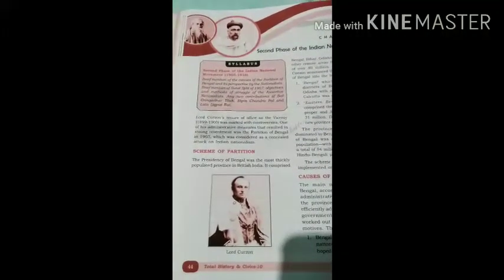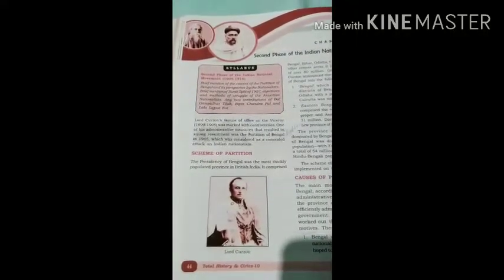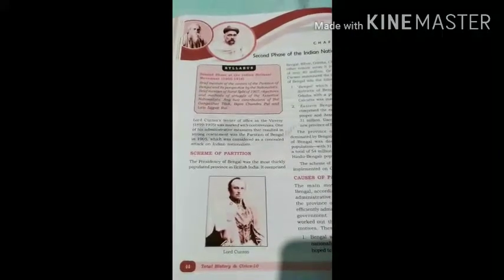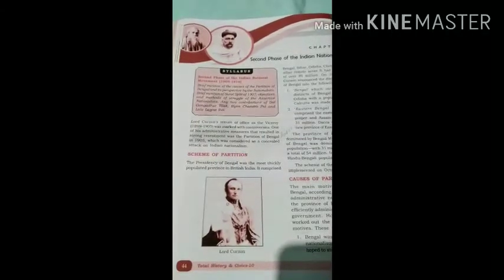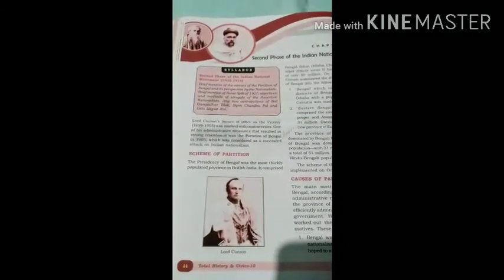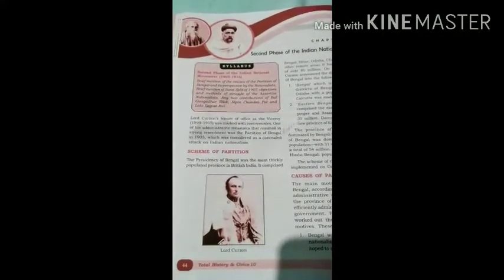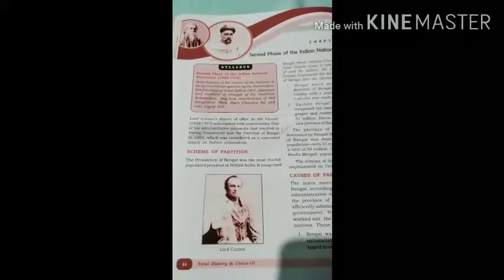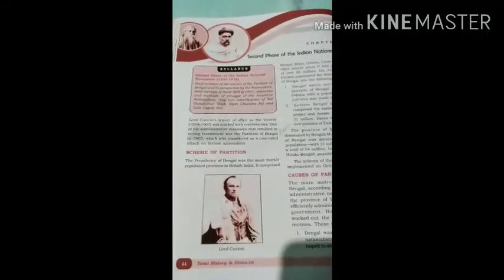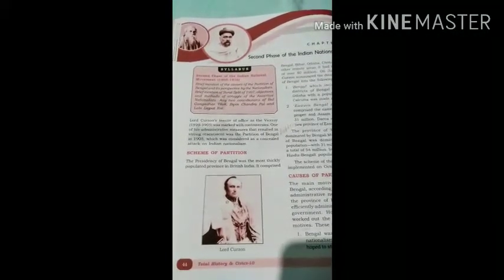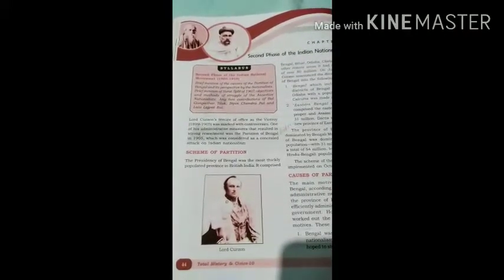And in the second phase of our classes, we will start with chapter 4, and there we will discuss the second phase of the Indian national movement. Under this point, we will basically talk about the contribution of Lord Curzon and the role of another Congress party group, that is the extremist, or we'd call the radical group.